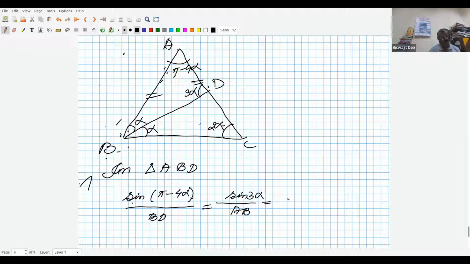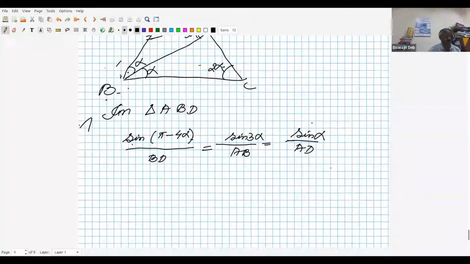And finally, sine alpha, what is the opposite side of it? AD. Fine. And using the property of ratio, I can say that these ratios are also equal to sine pi minus 4 alpha plus sine alpha plus sine alpha.